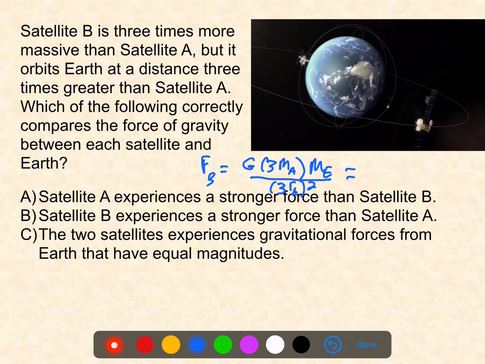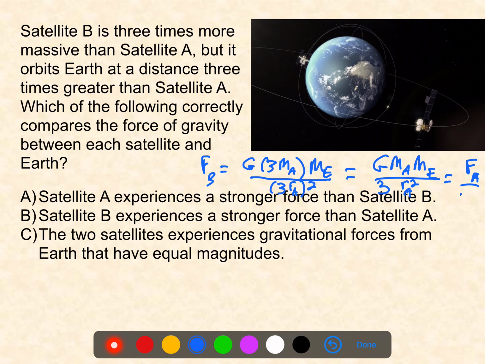This is going to give me 9 in the denominator and 3 in the numerator. So when I compare that to the force for satellite A, I can see that it's only 1/3 of the value of the force on A.